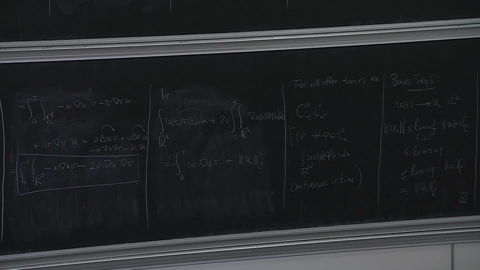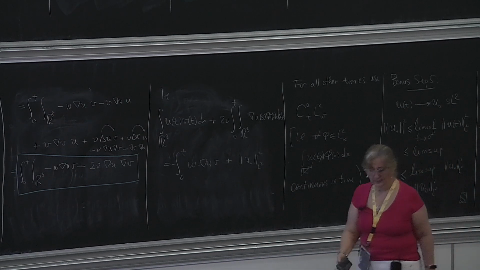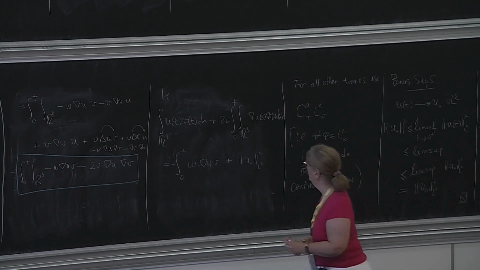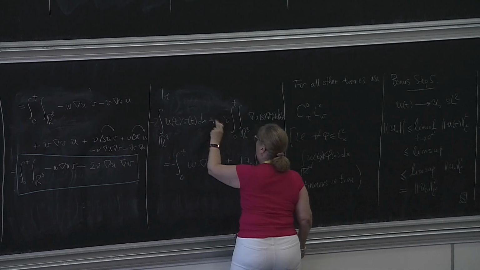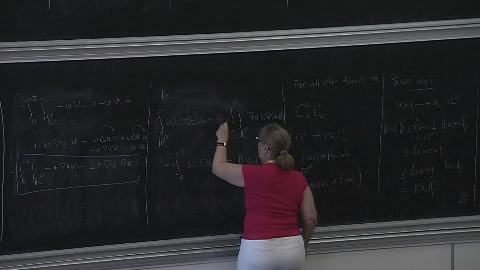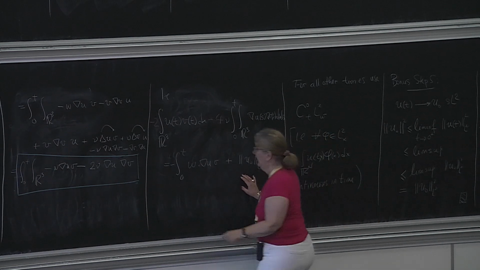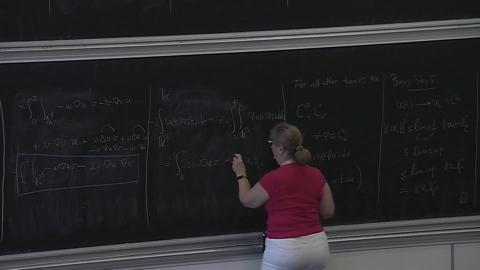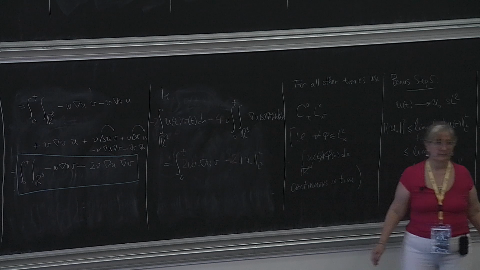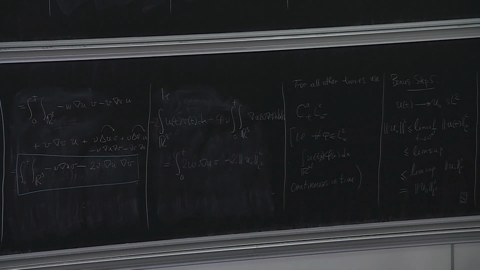Remember here I have this minus 2 u dot v minus 4 nu times this integral. So if I multiply everything by minus 2, I'm going to get a minus 2 here, a minus 4 here. Okay. Minus 2 here becomes 2, minus 2. Okay? And I'm going to stick this over there.